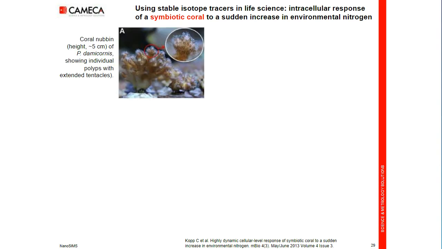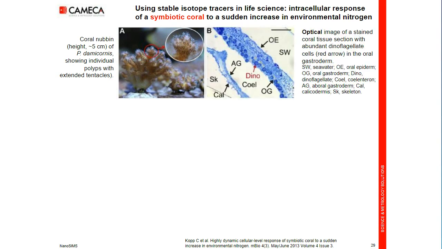So these corals are grown in aquarium, and after preparation, they are embedded in resin and microtomed. And on the right side, you can see an optical view of a stained coral tissue section.